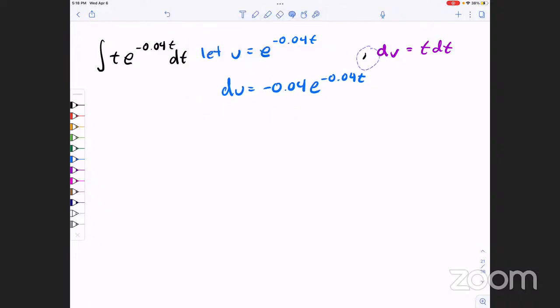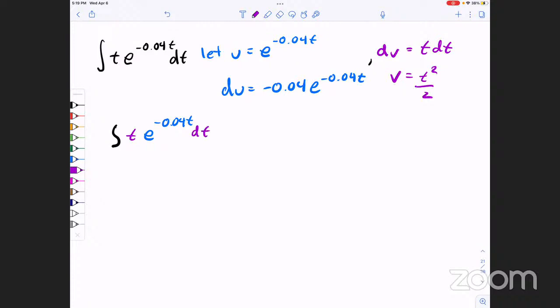Kind of trying to keep my alignment consistent, but it's a little bit weird with this one. And then our V, but the integral will be T squared over 2. Okay. So then the integral of our U, so this is going to be e to the negative 0.04 T times T dt.